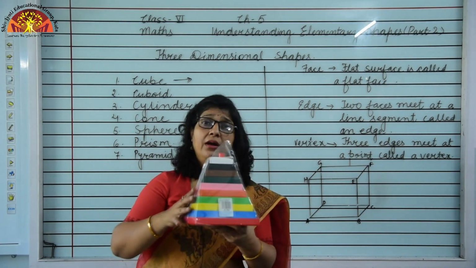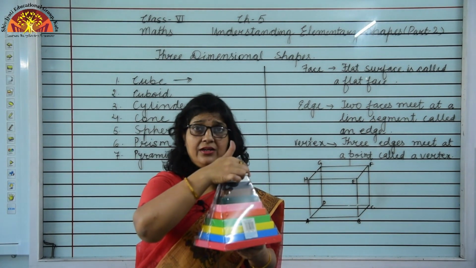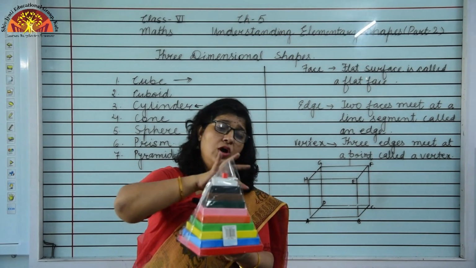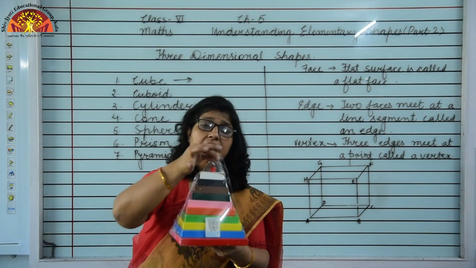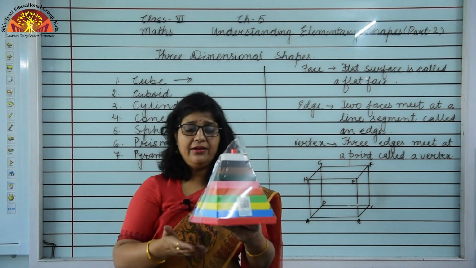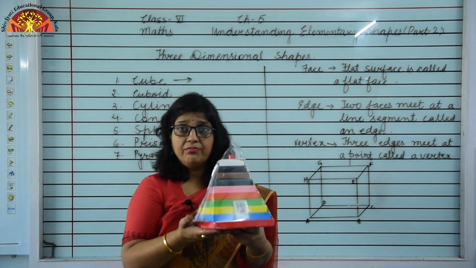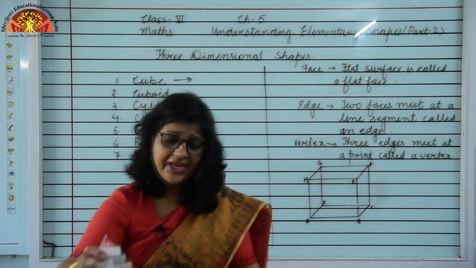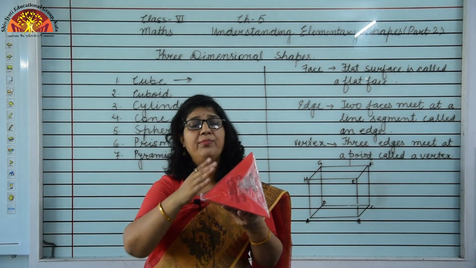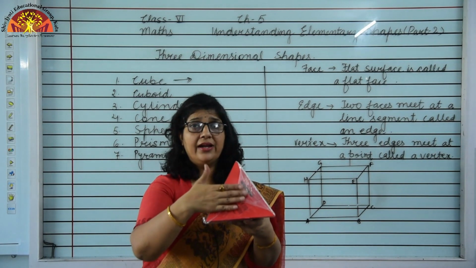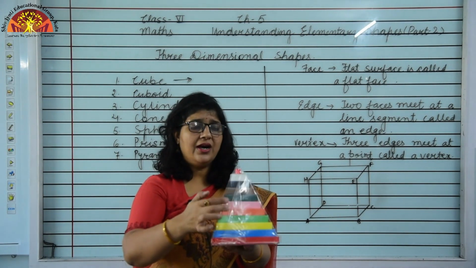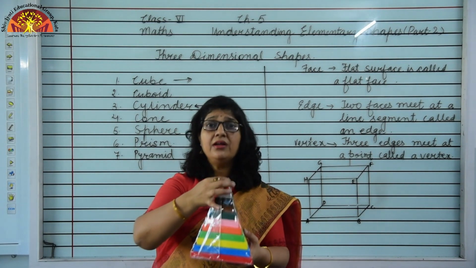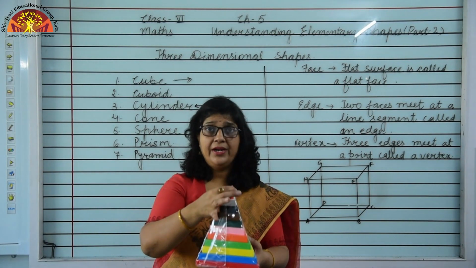So in a pyramid side faces are triangular in shape and all faces meet at top and base is a square shape. And in a triangular pyramid base is also in a triangular shape. Look, this is the base of the triangular pyramid and all faces are in triangle shape. Side faces triangle shape के होंगे. So this is the triangular pyramid.